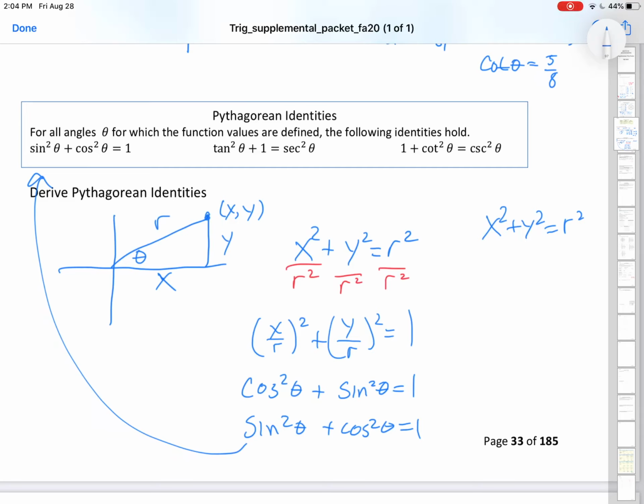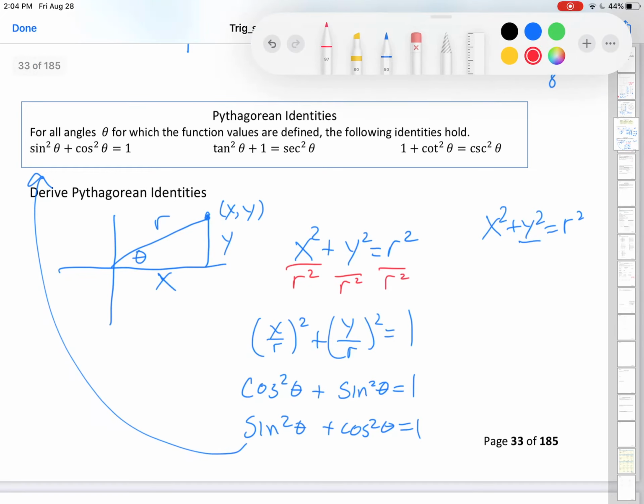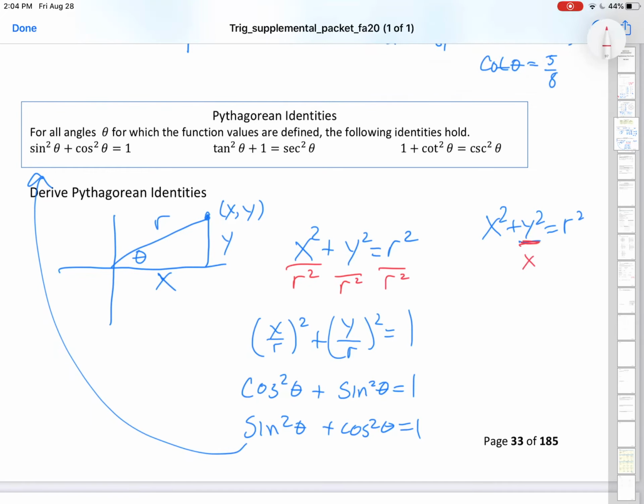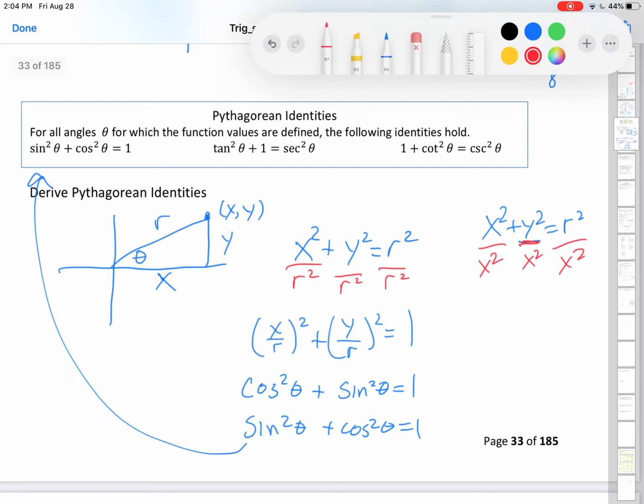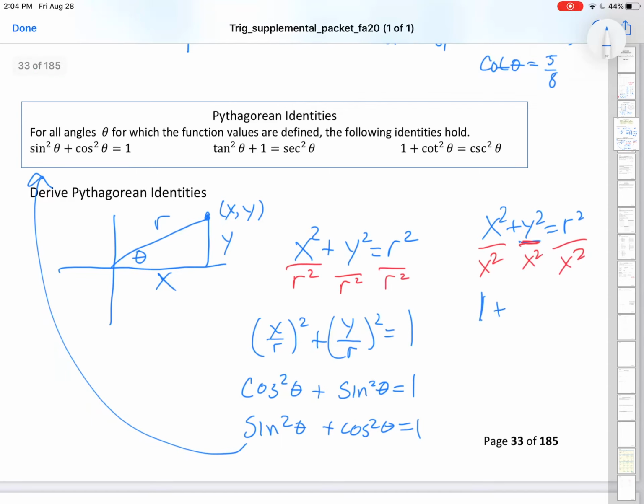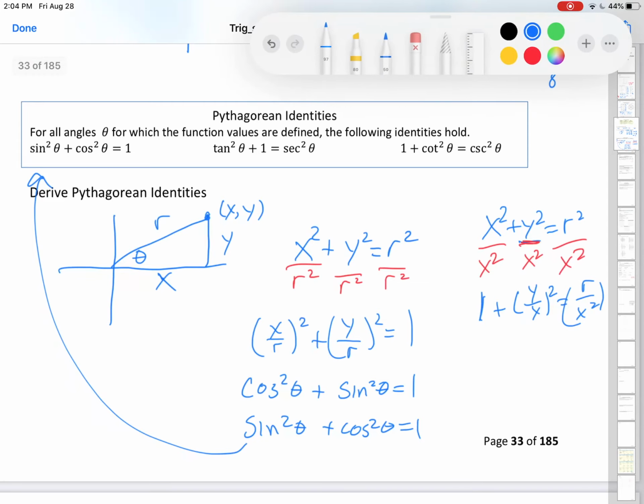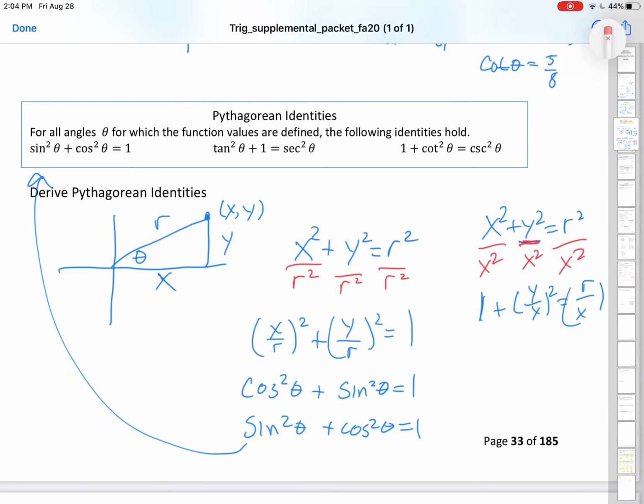Well, tangent is y over x, so I'm going to put an x squared under each term. I was going to use a relationship that they haven't shown you yet. So this is 1 plus (y over x) squared is equal to (r over x) squared.